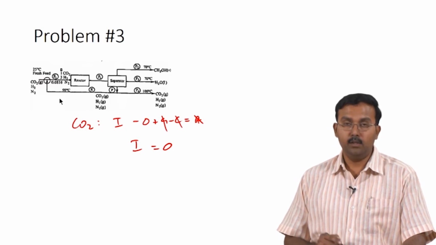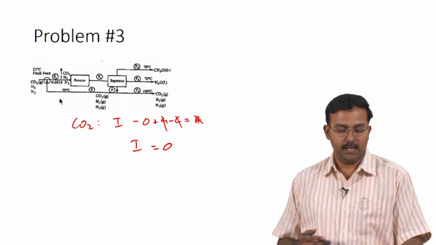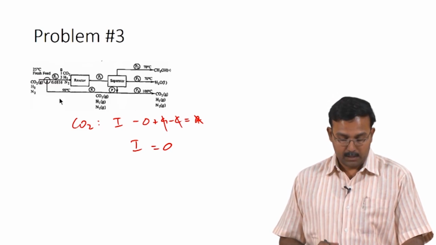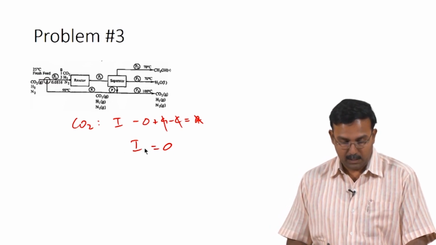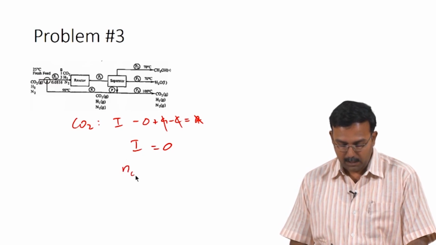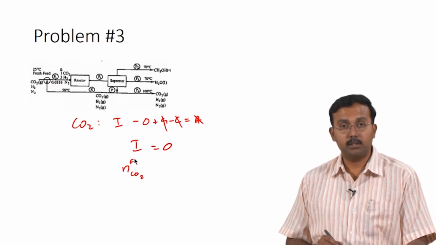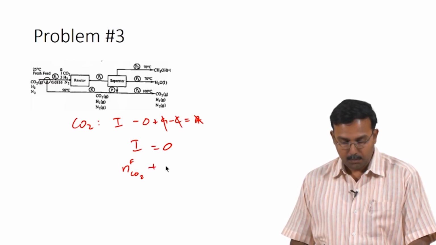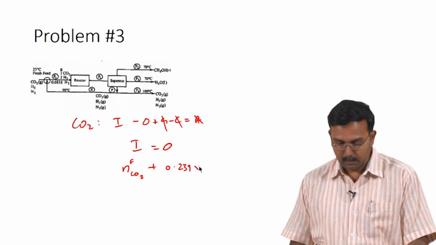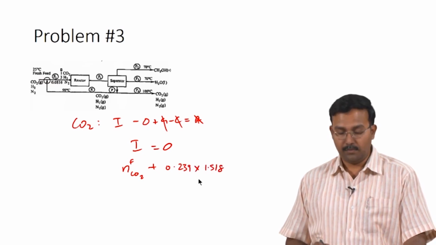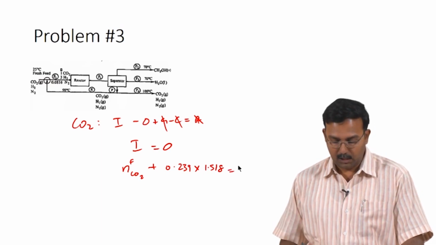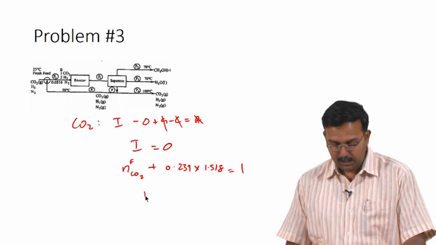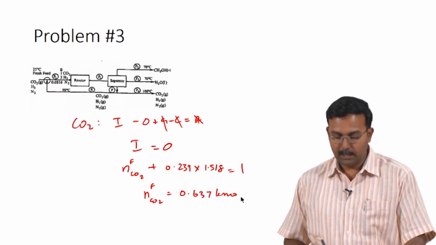We already calculated the molar flow rate for the recycle feed as 1.518 kilomoles. So, now we also have the composition of the recycle feed. You would have NFCO2, which is the carbon dioxide entering through the fresh feed, plus 0.239 times 1.518, which is the number of moles of carbon dioxide entering through the recycle stream, equals the total number of moles of carbon dioxide in the gross feed, which is 1. So, this means the fresh feed would contain 0.637 kilomoles of carbon dioxide.